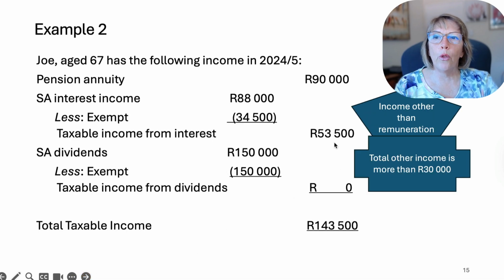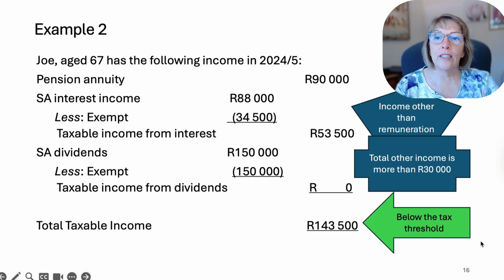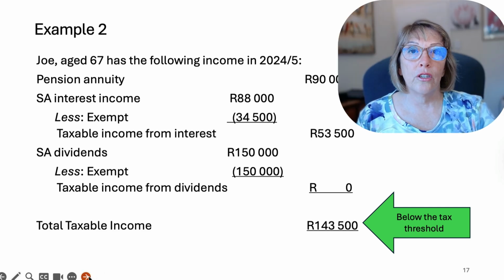So that means although he has other income, and indeed his other income is more than 30,000, he is below the tax threshold. And so that means he would not be a provisional taxpayer, because actually if you worked out the tax on that taxable income and took into account his additional rebate for being over the age of 65, there would be no tax payable. So he would not be a provisional taxpayer.